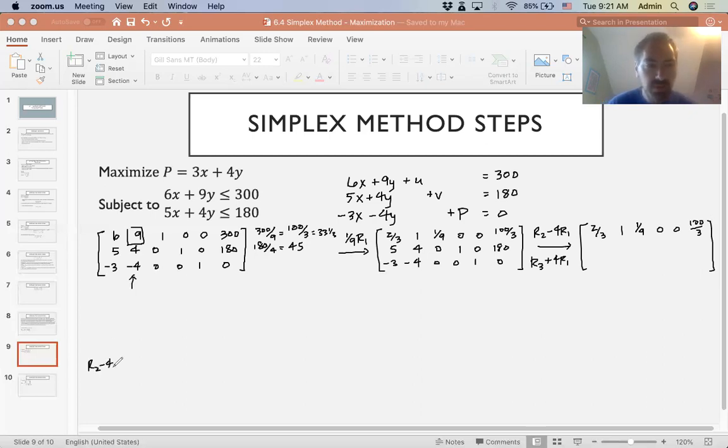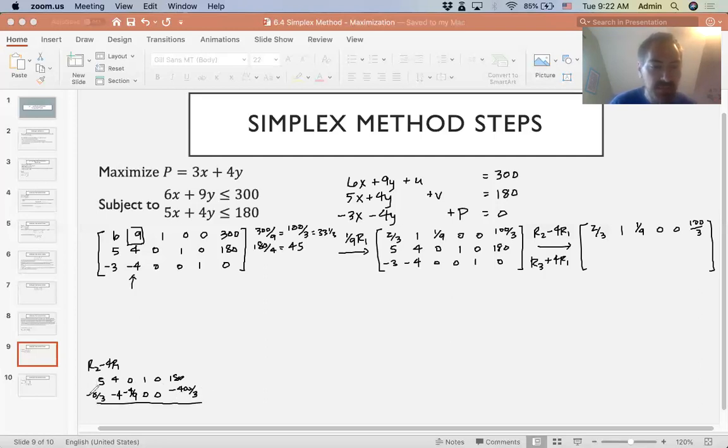All right, row 2 minus 4 times row 1. That is 5, 4, 0, 1, 0, 180. And then 4 times row 1 is negative 8/3, negative 4/9, 0, 0, negative 400/3.